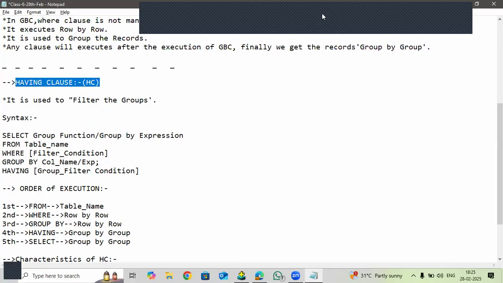Write a query to display number of employees who are working in each department number, and they have at least 2 employees in each department number.